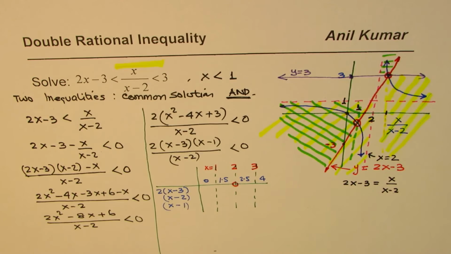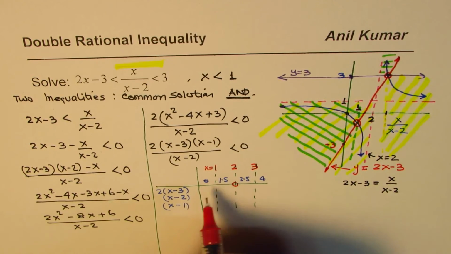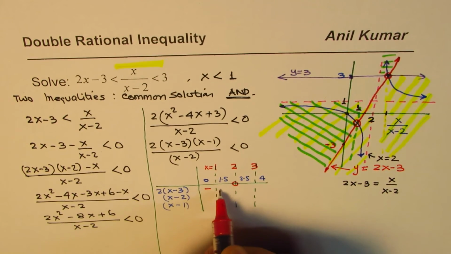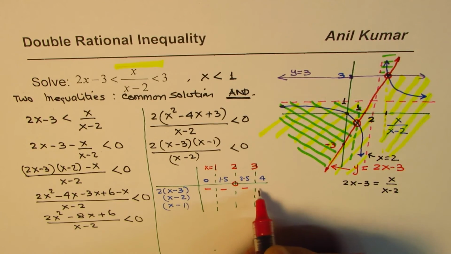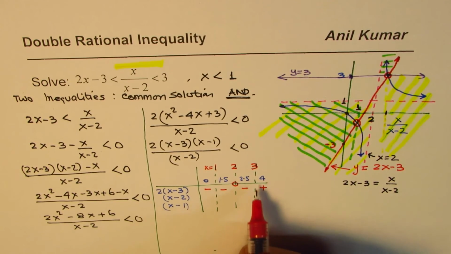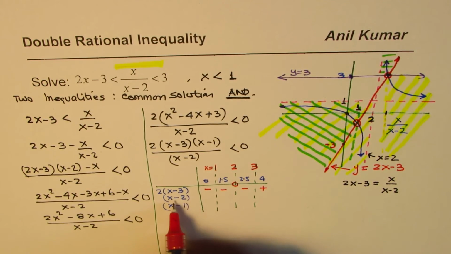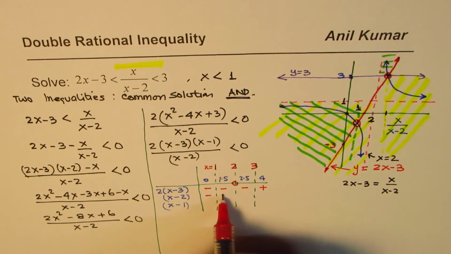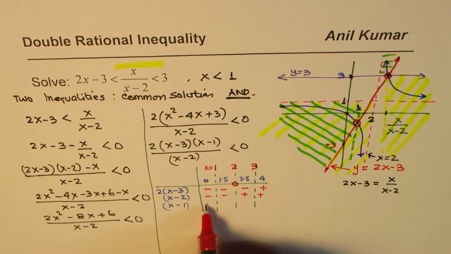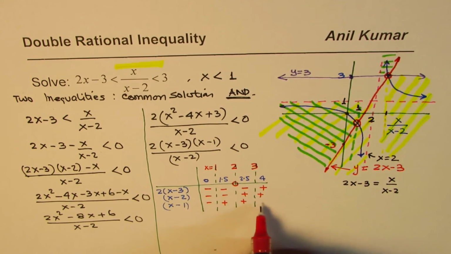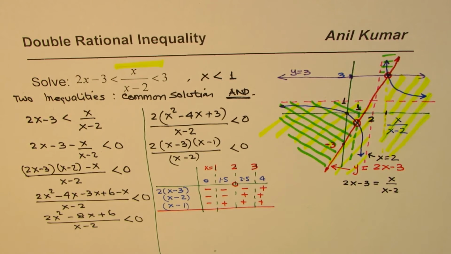Now for these test points, the first factor, if I write 0, will be negative, this will be negative, this will be negative, and this is going to be positive in the interval from 3 to infinity. For x minus 2, this will be negative, negative, positive, positive. For this, 0 will be negative, but 1.5 will make it positive. Is that okay? So when you take all three together, what do you get?